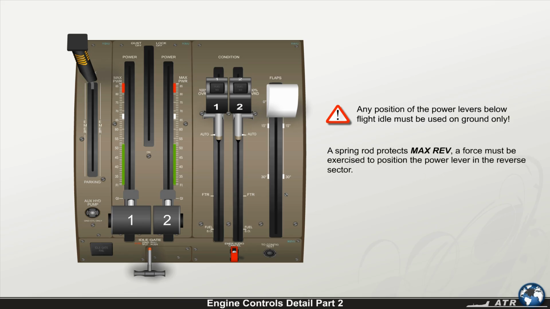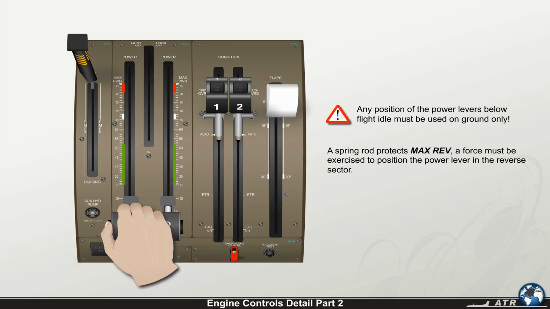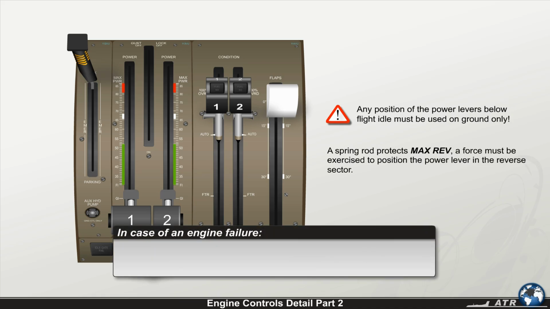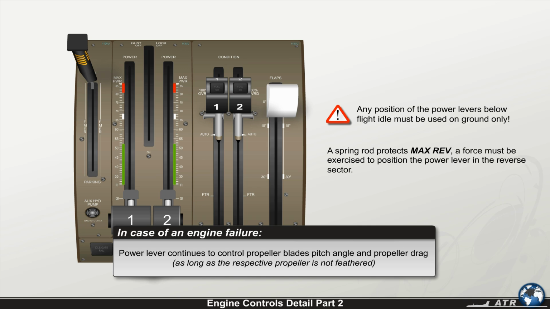A spring rod protects max reverse, so that a force must be exercised to position the power lever in the reverse sector. Releasing the force will bring the power lever back to around ground idle. Observe that in case of an engine failure, the power lever continues to control the propeller blade's pitch angle and as a result, the propeller drag, as long as the respective propeller is not feathered.